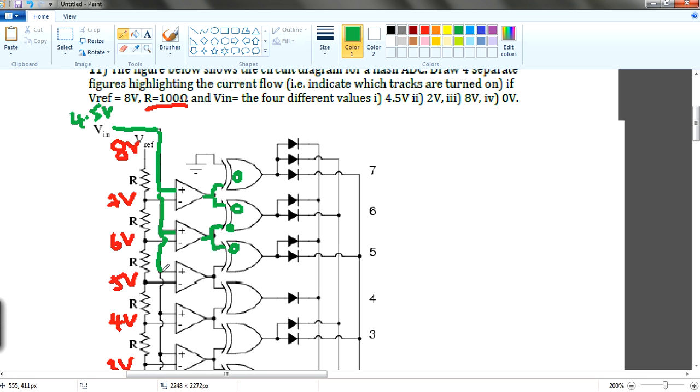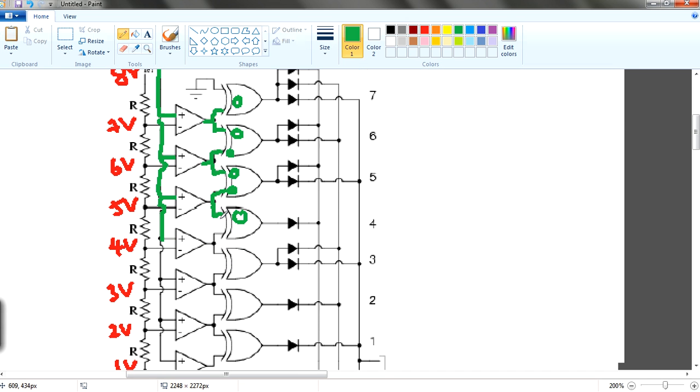Up till here, this is 0 also. Okay, hold on. Let's try first. So at this 5 volt stage, this is also 0, because 4.5 is lesser than 5 volts.